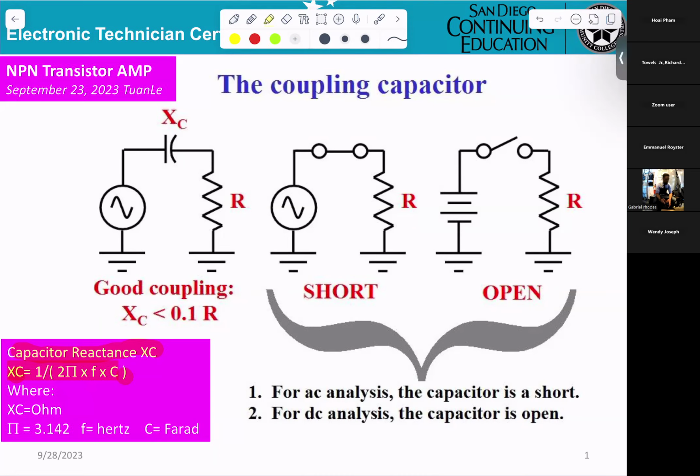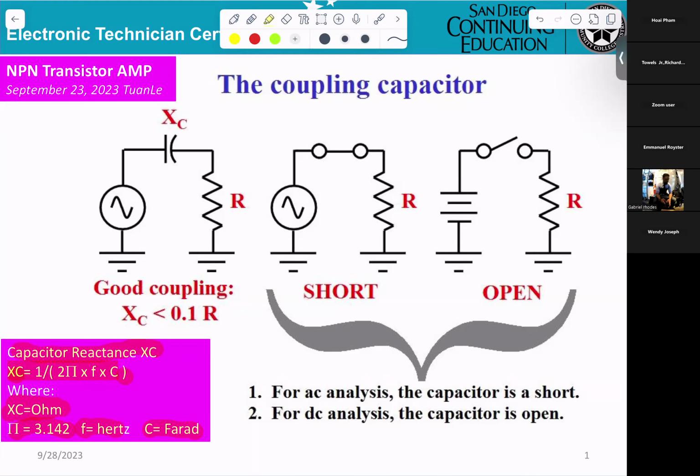Where Xc will be in ohm. Pi you already know, 3.14. F will be in hertz. C will be in farad.